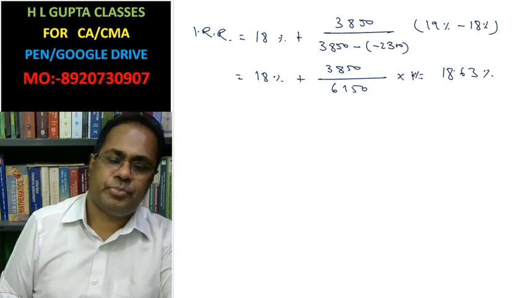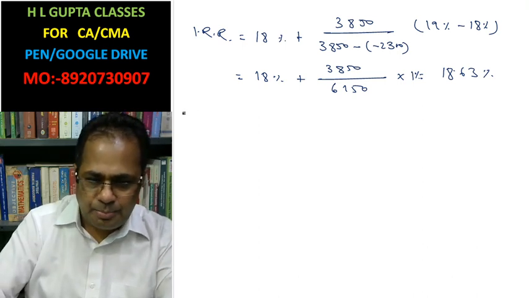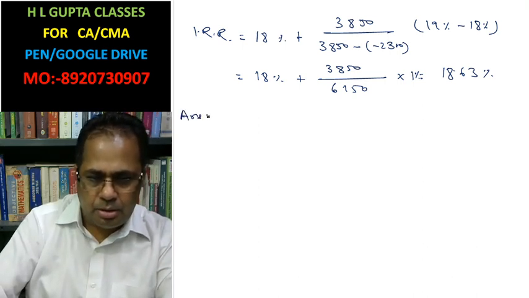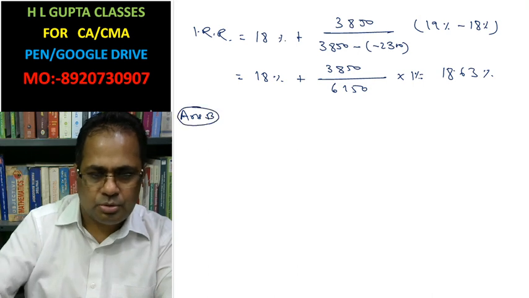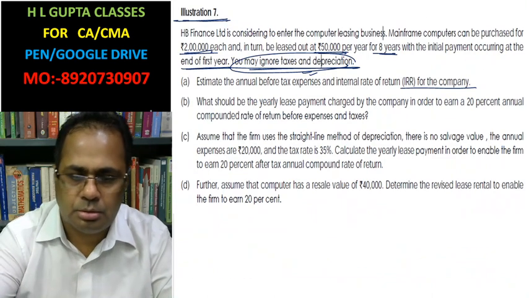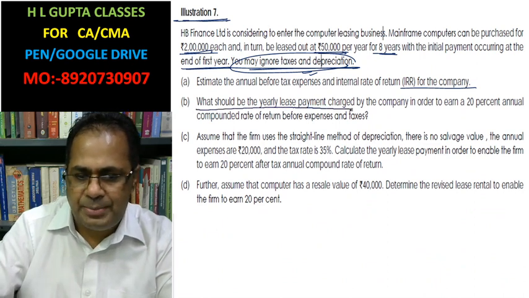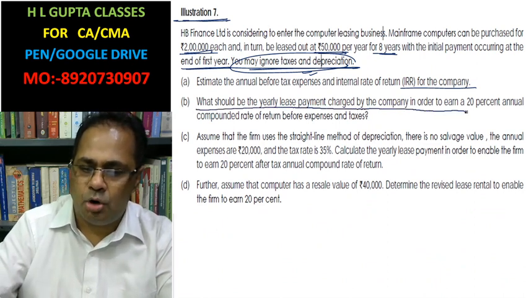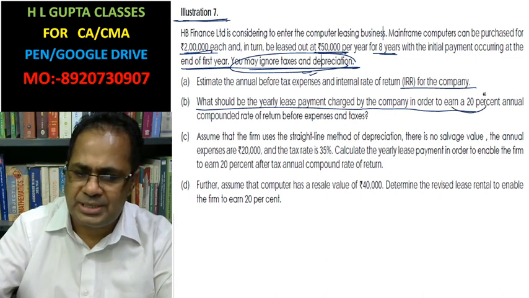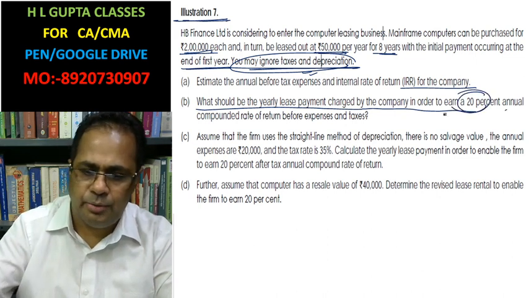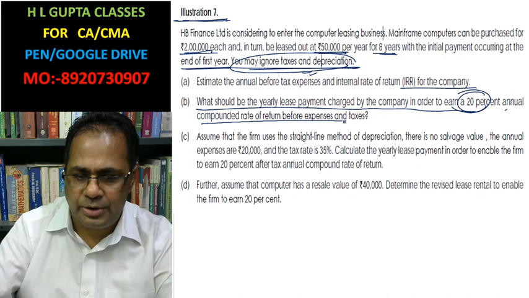Now, what is the answer of B part? Please look at it. What should be the yearly lease payment charged by the company in order to earn 20% annual compounded return?